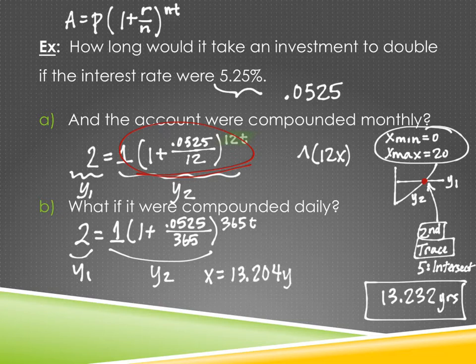And it's years, so I'll just write it all at one time this time. It takes us slightly less, ever so slightly less, but a tiny bit less time to double if I have daily compounding as opposed to monthly compounding. Does that make sense? Any questions on that?